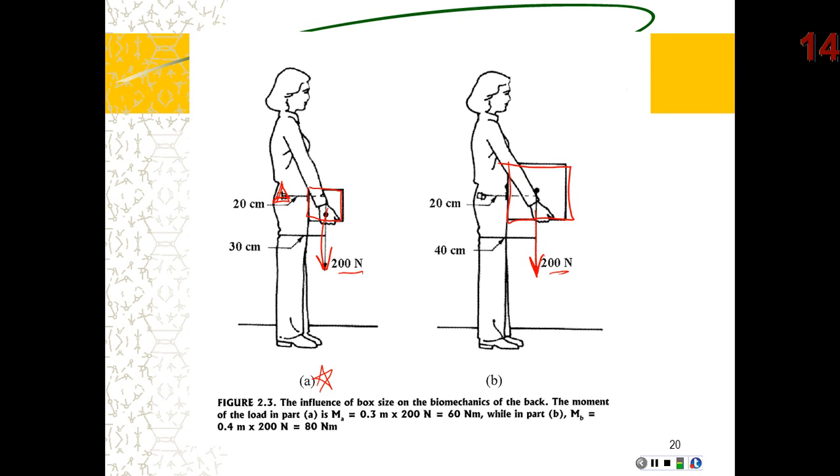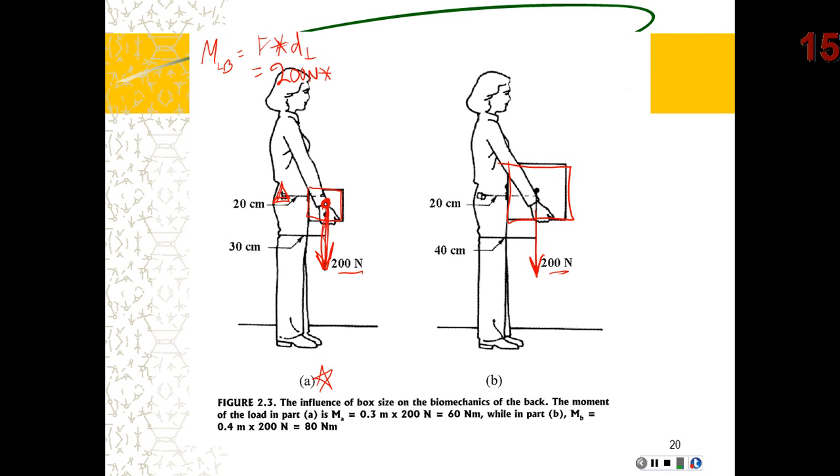For the small dense box, we know our moment at our low back is equal to force times distance. Our force is equal to 200 newtons.